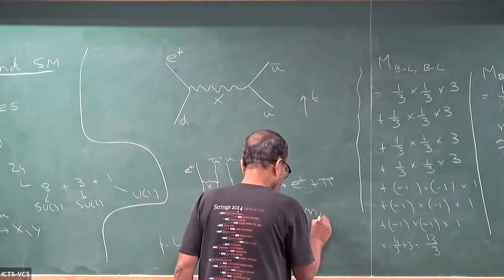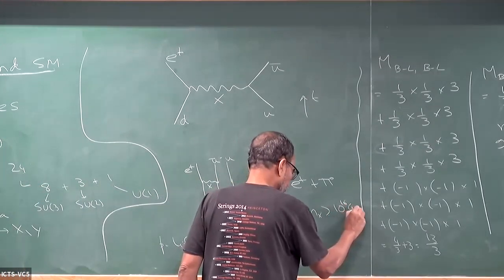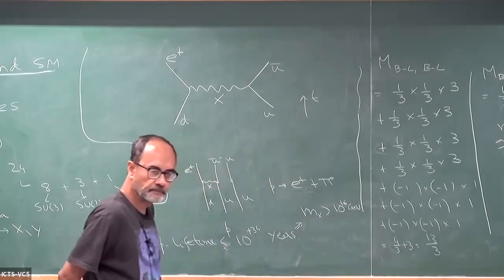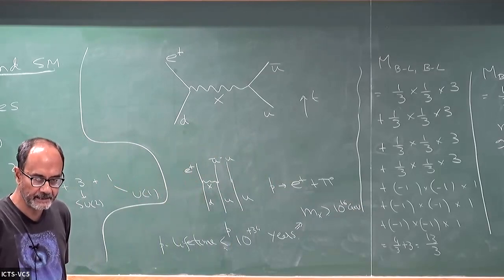So this implies that mx has to be larger than 10 to the 16 GeV. So the symmetry breaking has to happen at a very high scale.